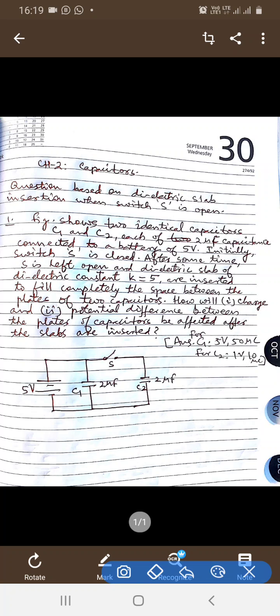Therefore, the new potential difference V1 dash across C1 when dielectric slab of dielectric constant K is inserted between the plates of C1, there will be no change in potential difference. So V1 dash will be equal to V1 equal to 5 volt. Right? V1 dash is equal to V1 is equal to 5 volt. This is what is asked in the first part.